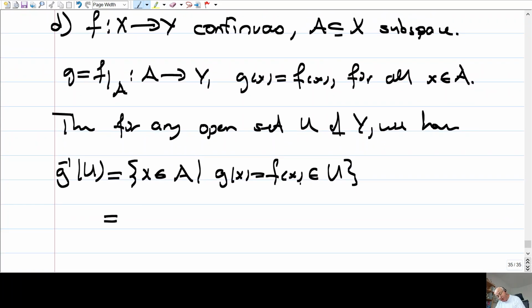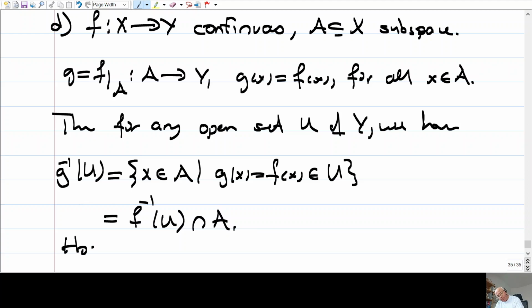This is just the inverse image of U under F, but you don't take all the points, you take the ones contained in A. So this is nothing but F inverse of U, but those points should be from A.